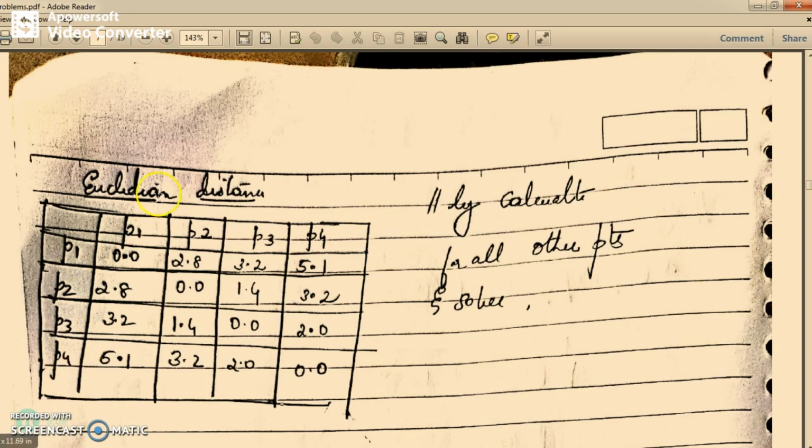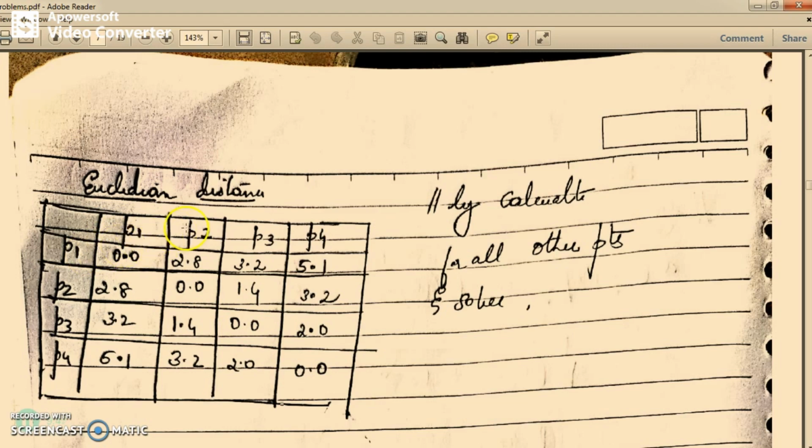Along the rows we can see the individual points, along the columns also we have represented the individual points, and the values you can see throughout the table are the calculated Euclidean distances, right? So whatever you have calculated has been recorded in this table. The distance between P1 and P1 is 0, and similarly the distance between P2 and P2 also is 0, P3 also is 0, the distance between P4 to itself is again 0. So you can see this is a kind of symmetric matrix where all diagonal elements are 0 and all other elements are filled up.